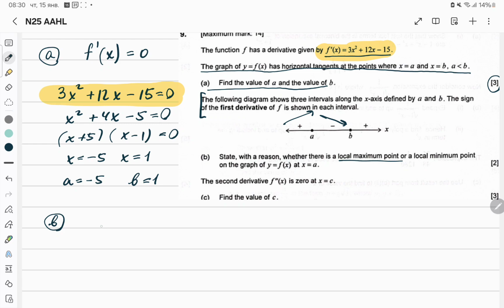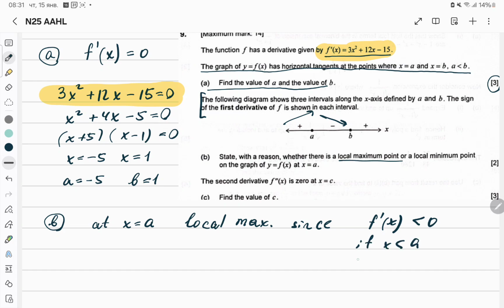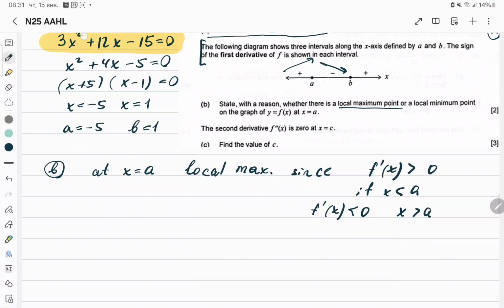So it means that at point x equals a, we have a local maximum, since f prime of x is positive if x is less than a, and f dash of x is negative if x is more than a. Yeah, so this is another 2 marks.